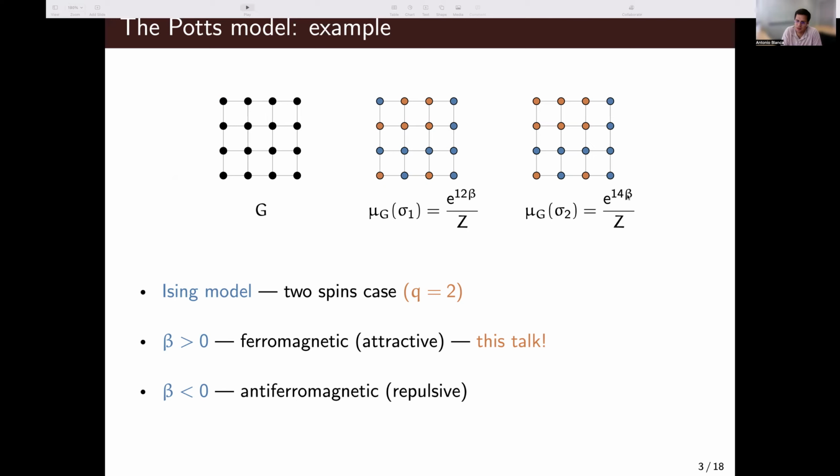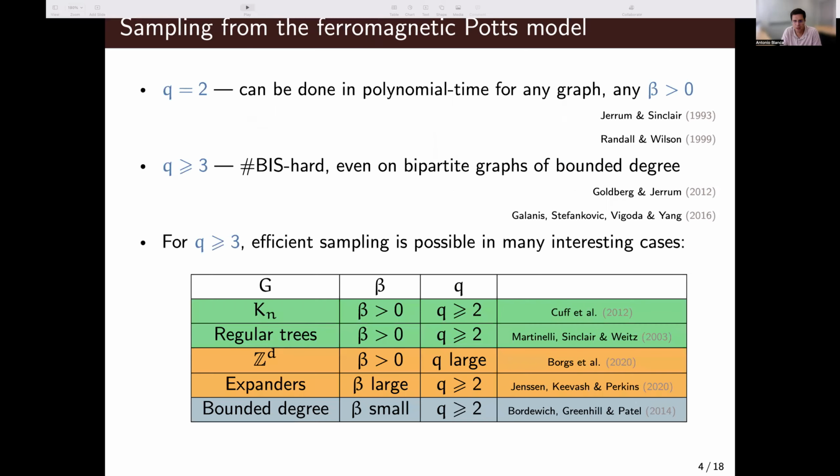When beta is positive, the model is said to be ferromagnetic because it is attractive, in the sense that if there is an edge, the endpoints of the edge will prefer to be aligned to the same spin. Otherwise it's called antiferromagnetic because the opposite will happen. They will prefer to have different spins. In this talk, we'll be focusing exclusively on the ferromagnetic case, the beta positive case.